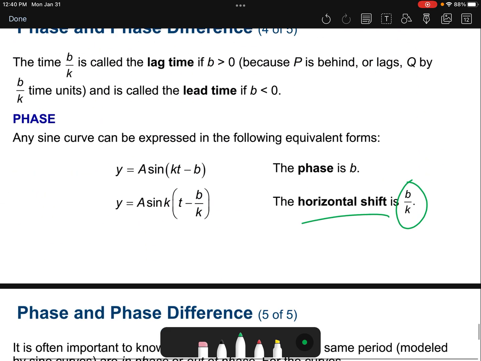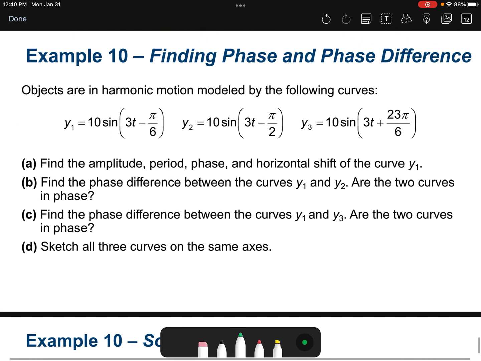So remember, phase is simply b in this case. So amplitude's 10, period is 2 pi over 3, the phase is pi over 6, and the horizontal shift is pi over 18, right? You factor out a 3.